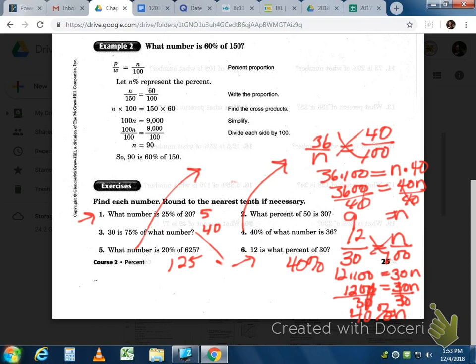It's 90. Oh, it's 360. Yes, I did that wrong. You're right, 90. I was thinking it was 36 divided. I thought I marked out both of them. I'm sorry. 90. So is it 90 or 90%? 90. Very good. All right. Are there any questions?